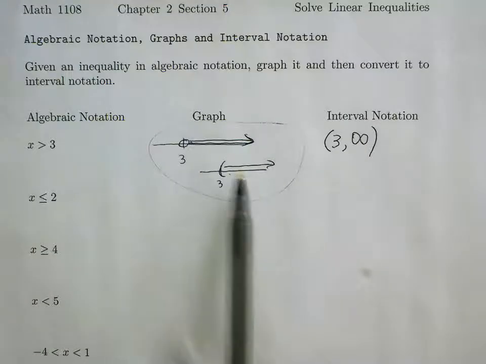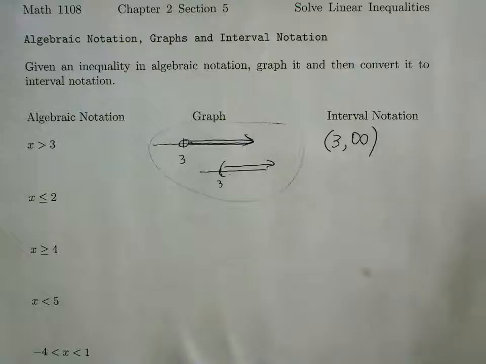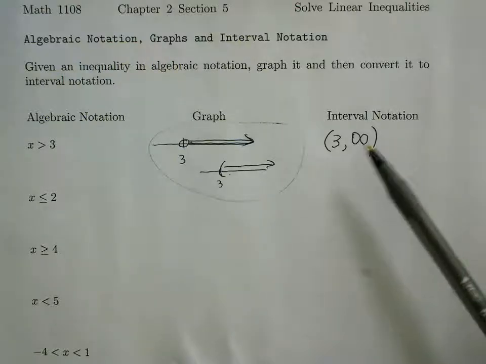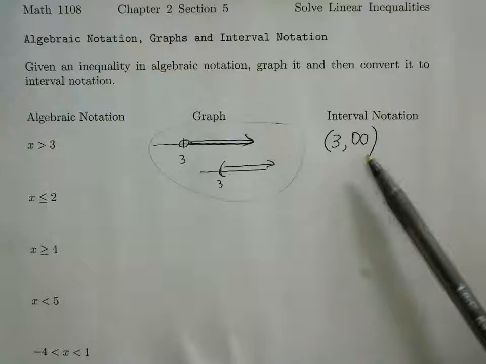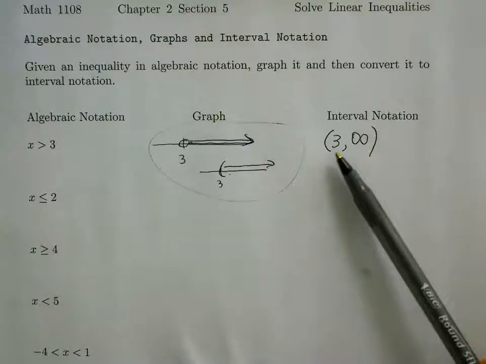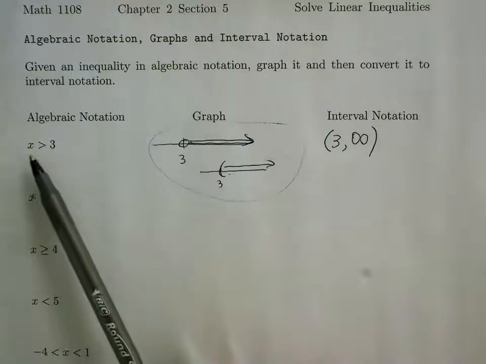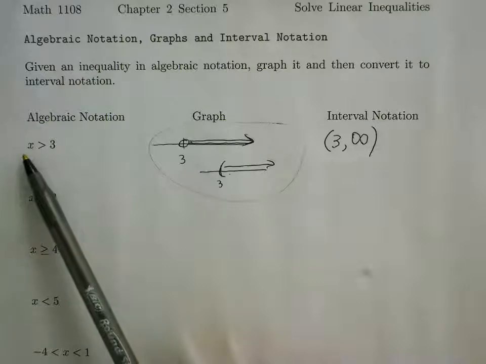On a number line, if you go all the way to the right, keep going and keep going, you're heading towards positive infinity. So infinity is not a number, it's just a destination. It's just out there forever. Okay, so that's the interval notation. It means exactly the same thing as saying that a number x is greater than 3.